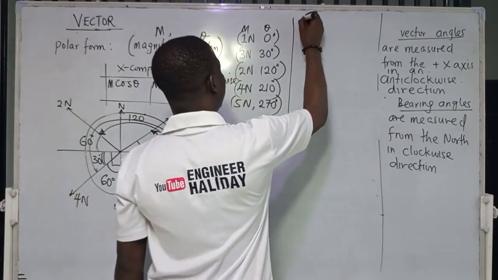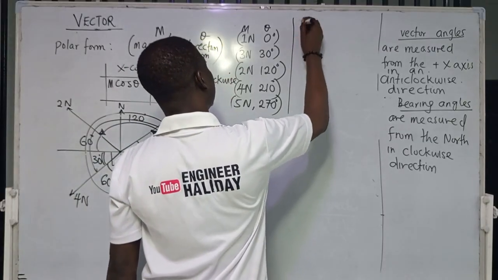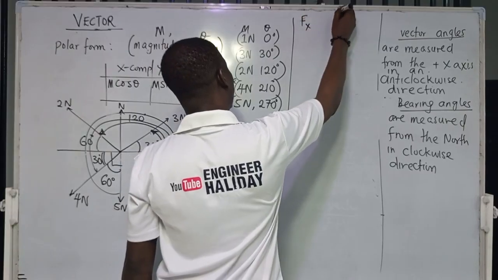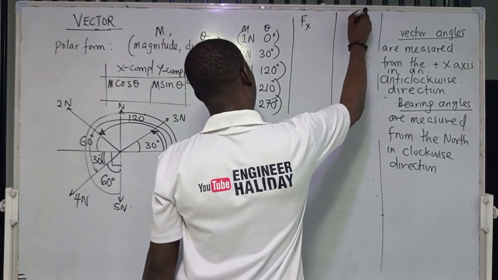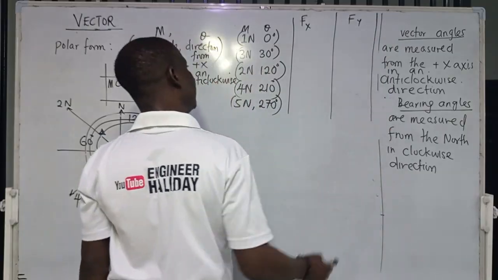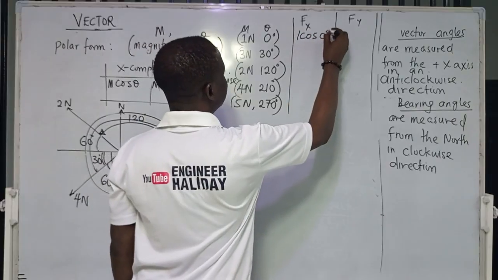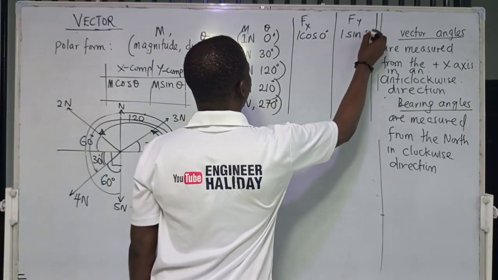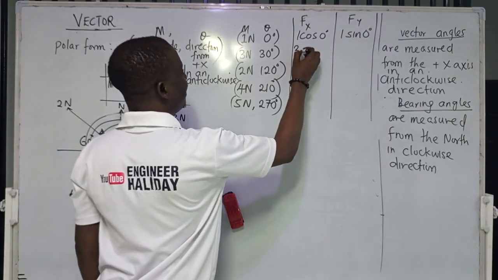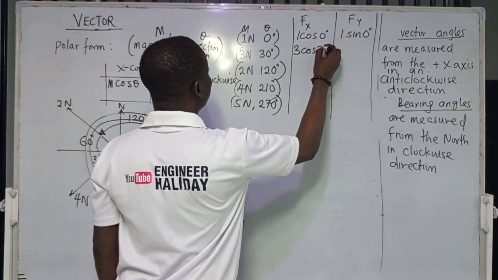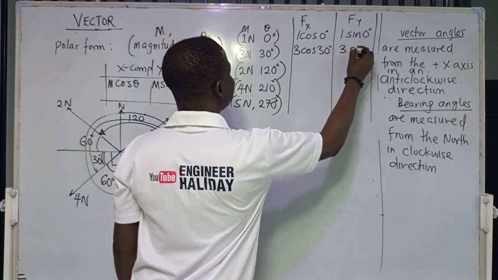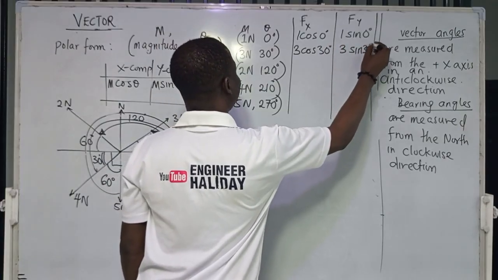So if we want to now resolve the forces into the force along the x component and the force along the y component, what I want to do is simply 1 cos 0 degree, 1 sin 0 degree, like what I said. So I make 3 cos 30, and 3 sin 30 degree.